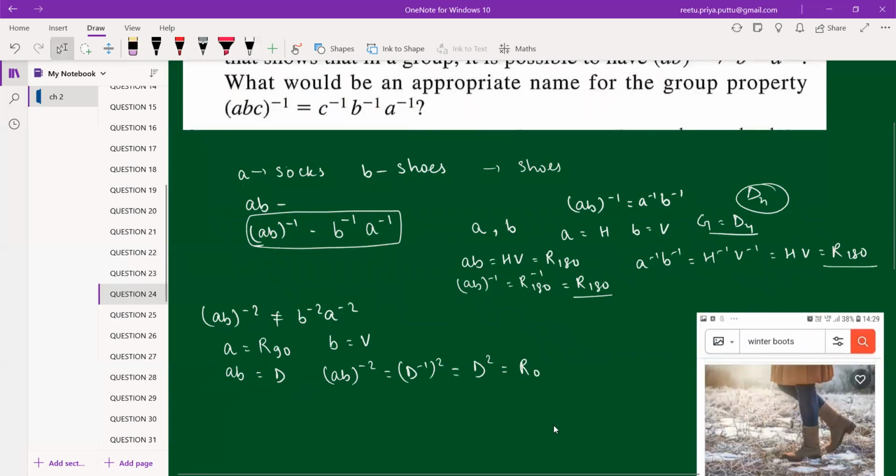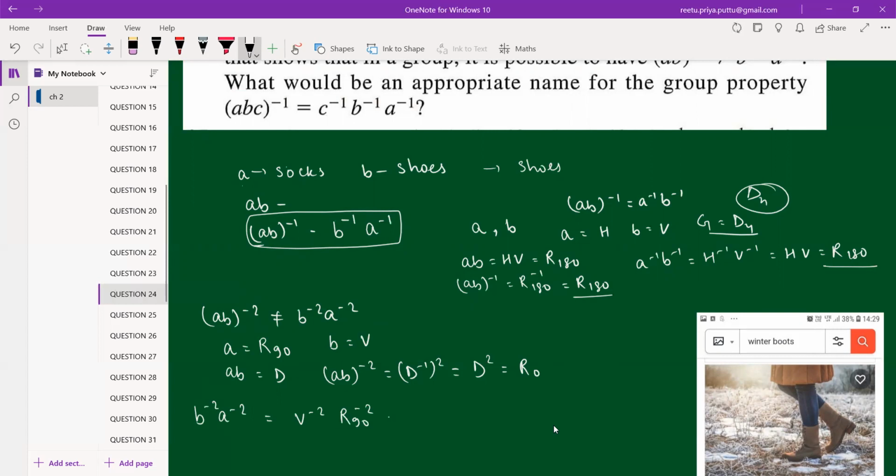Now what happens for AB inverse square? I have to find A minus 2 and B minus 2. So B minus 2 is V minus 2, and A minus 2 is R90 minus 2.